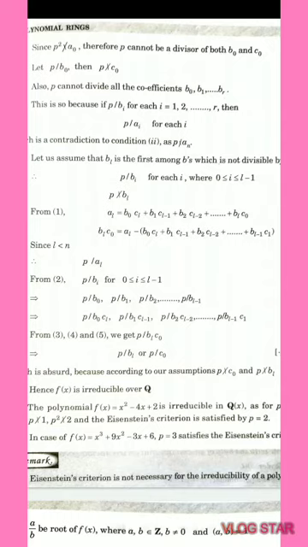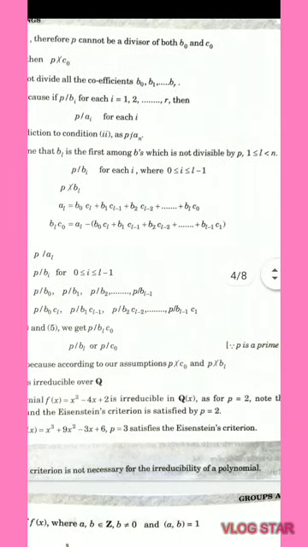So let us assume that bl is the first among the b's which is not divisible by p, that is l is greater than or equal to 1 and less than n. Therefore, p divides bi for each i, where 0 ≤ i ≤ l-1, and p does not divide bl.